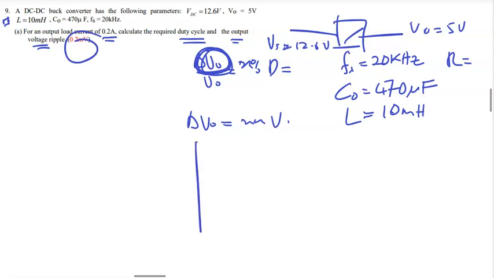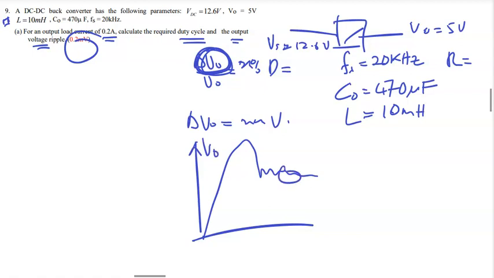That means if you probe your output voltage, you have a swing like this, same like what you have in the capacitor. So this is in the inductor. So this is, let's say, your voltage output, V out. When you zoom in, you shall have a ripple. So this is V out max, and this is V out minimum.